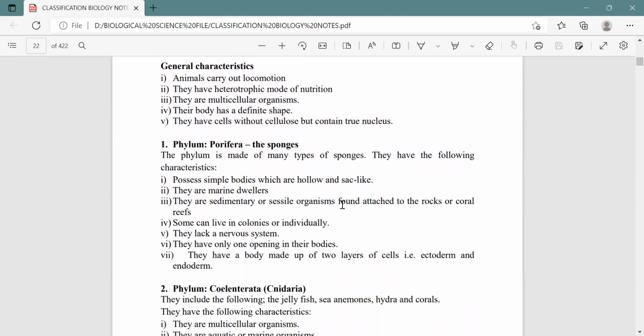Characteristics of animals are these. They carry out locomotion. They carry out heterotrophic nutrition because they cannot make their own food. They cannot carry out photosynthesis. They lack chlorophyll and chloroplasts, which are the sites of photosynthesis.